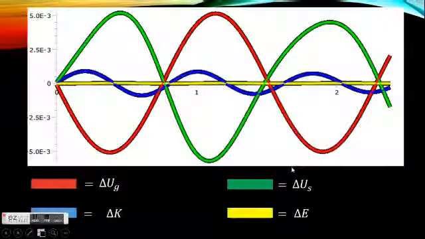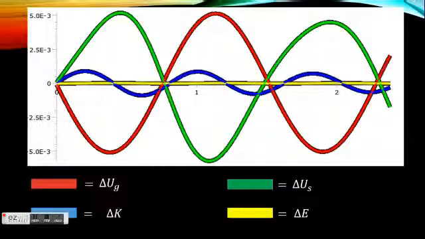So once we run the code and graph these four things, we know that the blue is kinetic, red is our potential of gravity, green is our potential of spring, and as you can see, yellow, which is delta E, remains 0 and goes along the x-axis the entire way. So that means there are no external forces acting on our system, and there's no change of energy in our system.